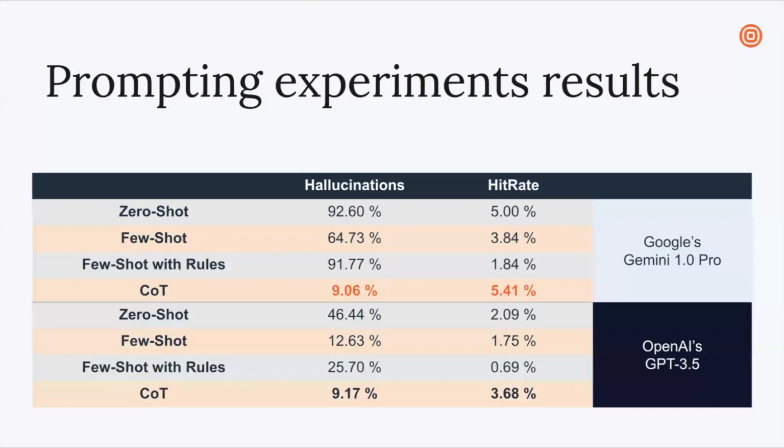These are our results from the prompting experiments. We found that Google Gemini 1.0 Pro is absolutely bad unless it's used with chain of thought. Chain of thought produced the best output with 9% of hallucinations and 5.4% of hit rate.